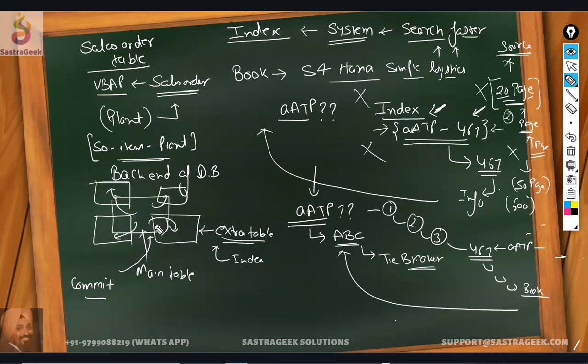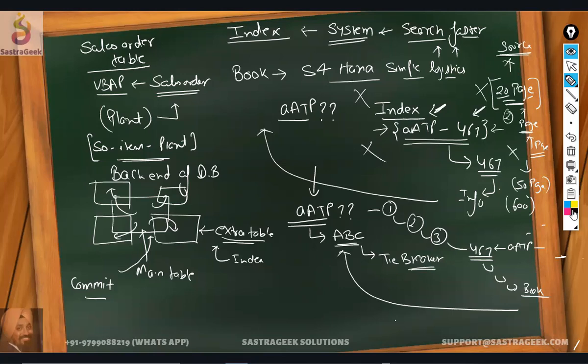So when you commit, the information needs to go into your main table, plus it also needs to pass through all of these index tables so that the data can be stored. The more index tables you have, the more it can slow your write performance, although it can help increase your read performance. So this is the impact of an index on the data footprint.